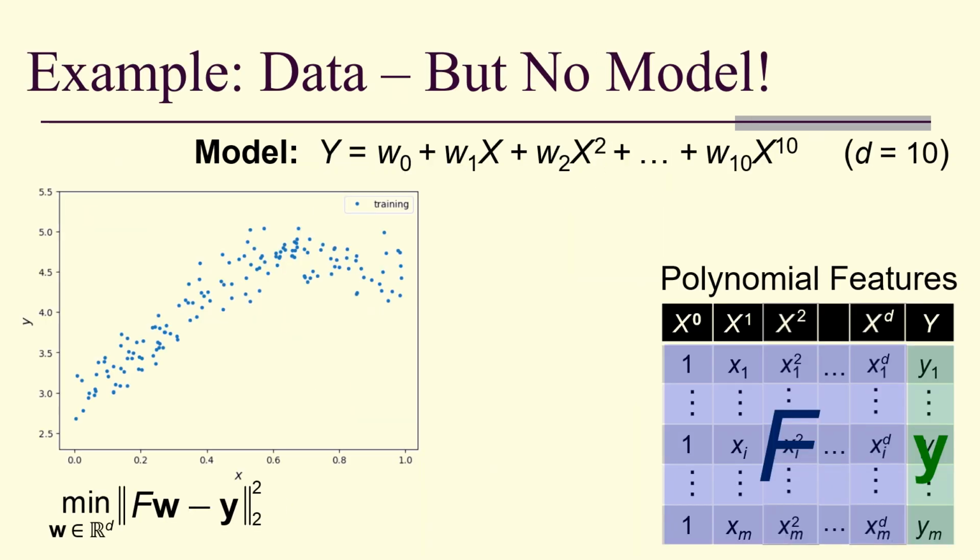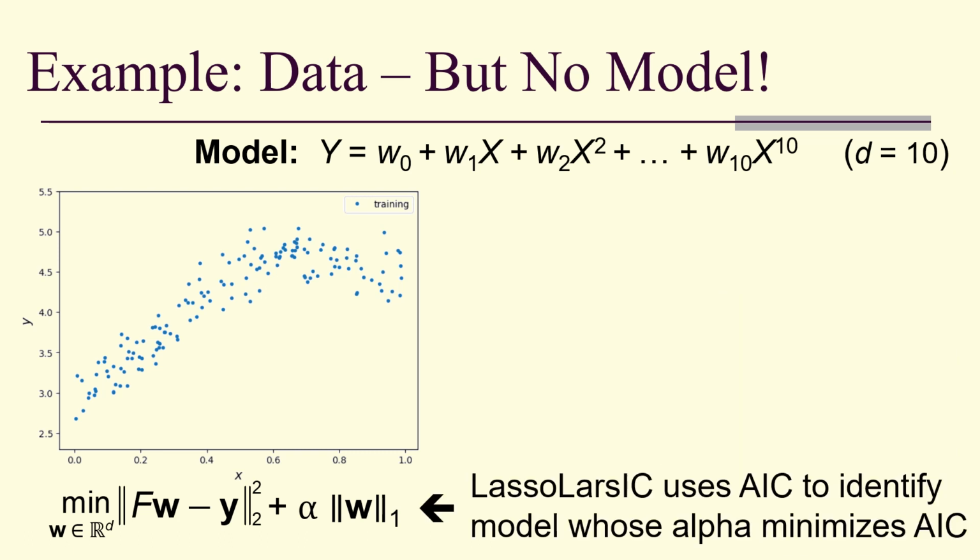So here is my data, but no model. I want to find the best weight by doing this multilinear regression, but I add this nonlinear one norm regularization term. So I can use a process in scikit-learn called LassoLarsIC, which uses AIC to identify the model whose alpha minimizes the AIC.